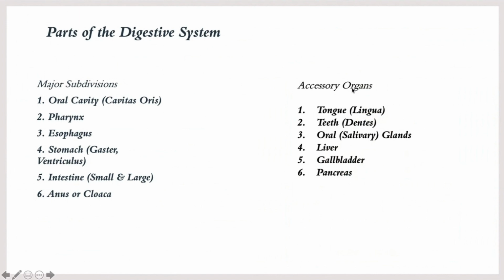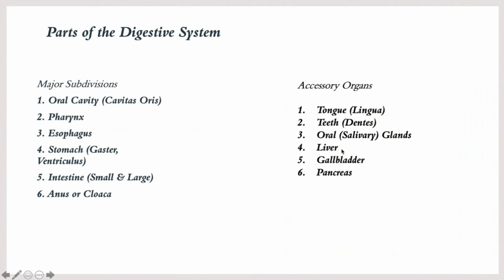Then the accessory organs, as we said, are the parts of the digestive system which are helping. So this would be the tongue, which allows us to push our food down or move our food downwards. Our teeth, which are important for breaking down the food into smaller components. Our salivary glands, which contain our enzymes, which are going to break down the foods even more.